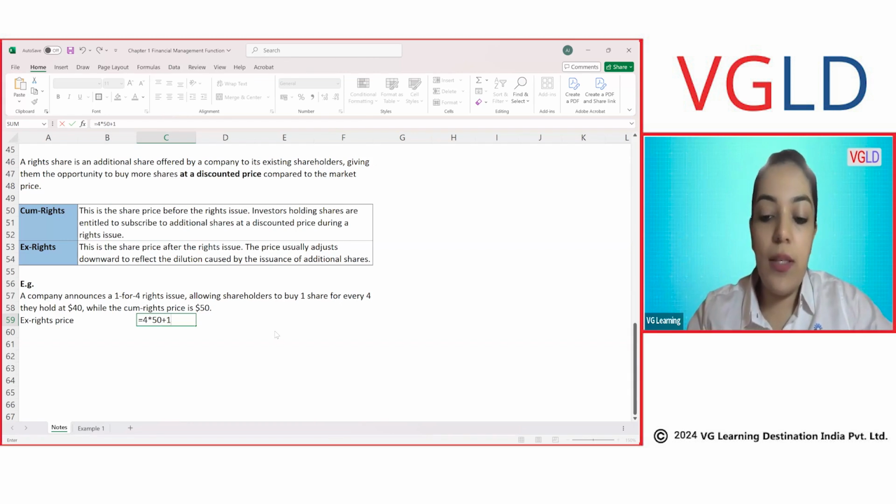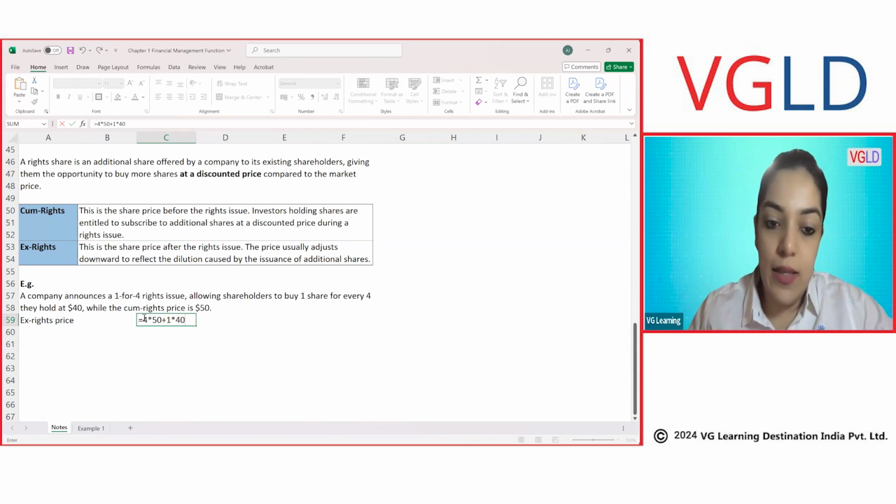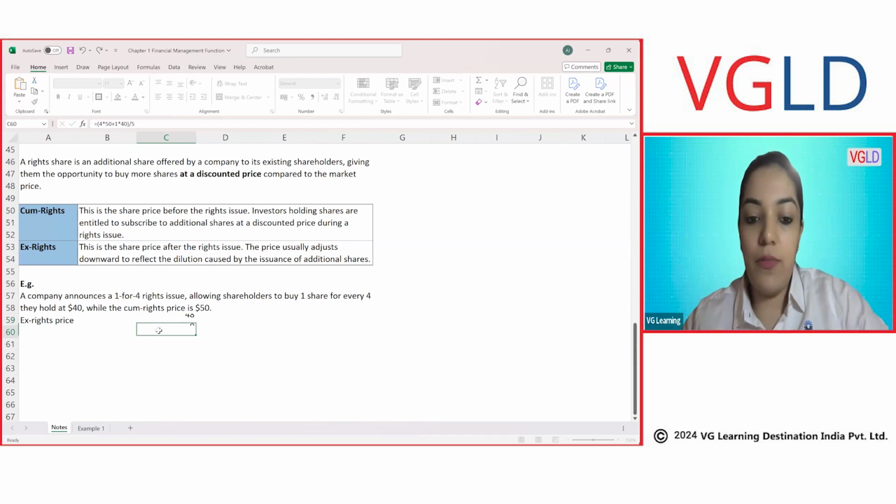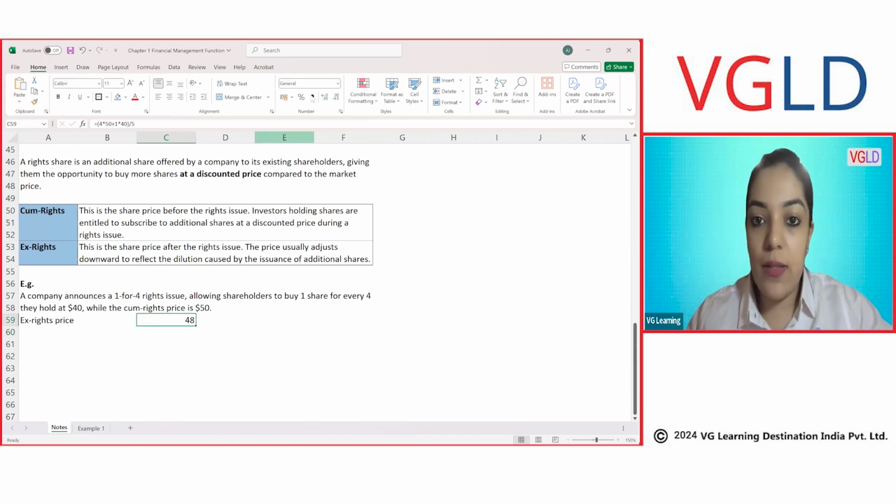So plus 1 into 40, and the whole of this, how many shares will I now hold? Divided by 5. So the ex rights price is 48.